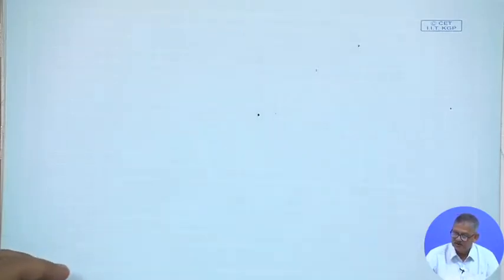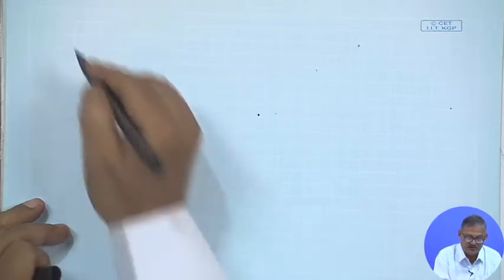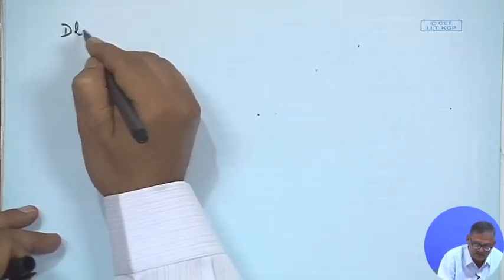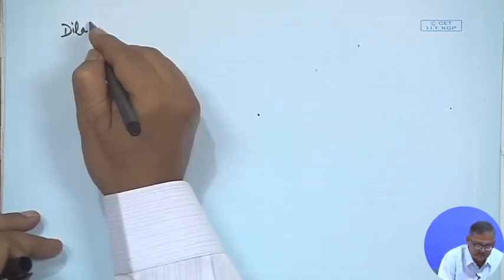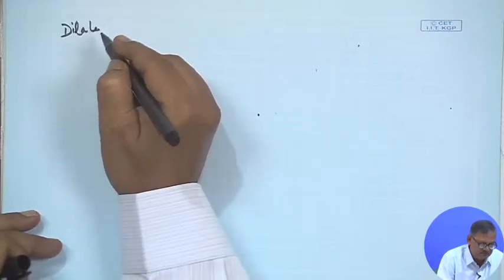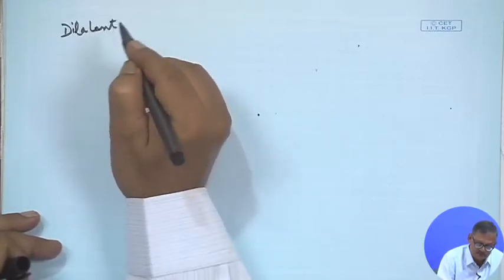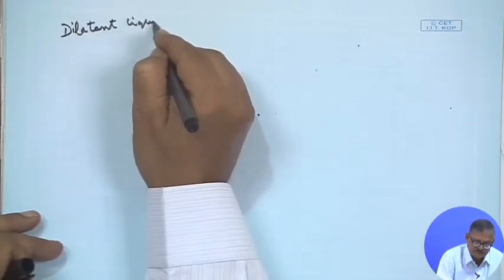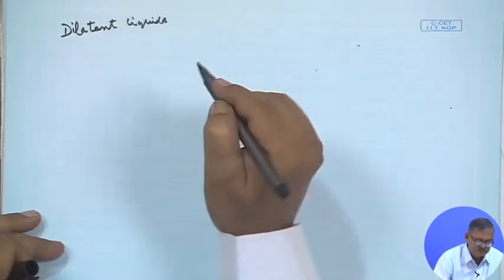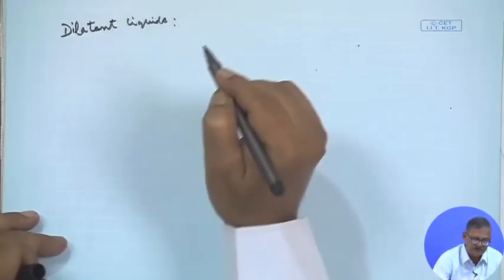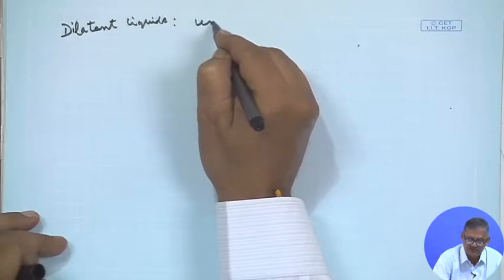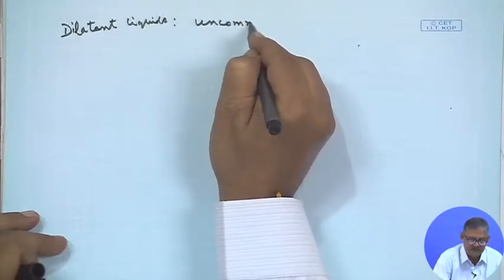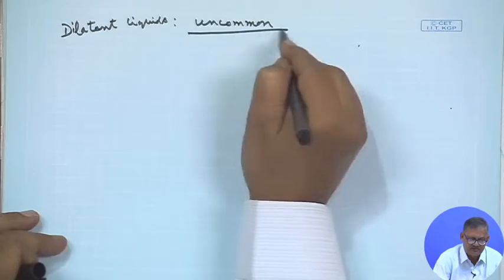Now, the third one is the dilatant type, right. As we said, the third one is dilatant fluid. This is very much uncommon.